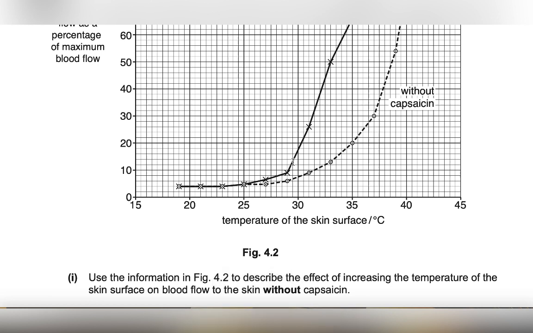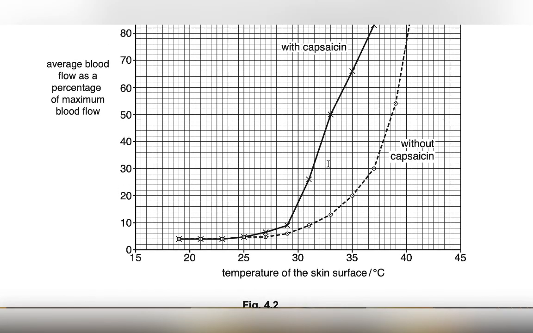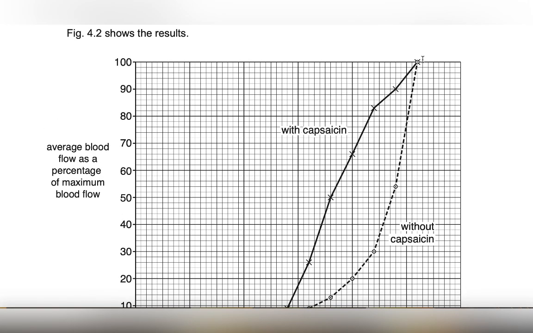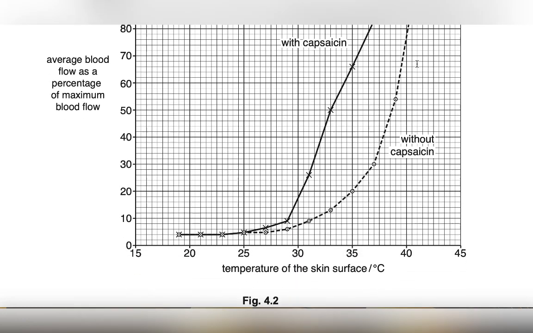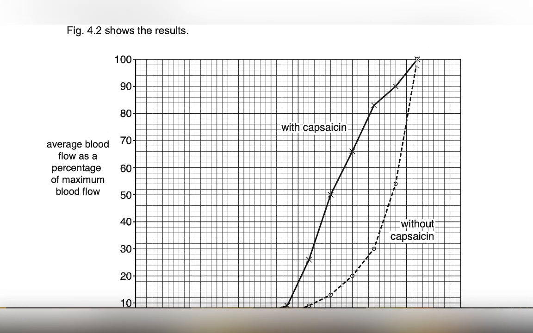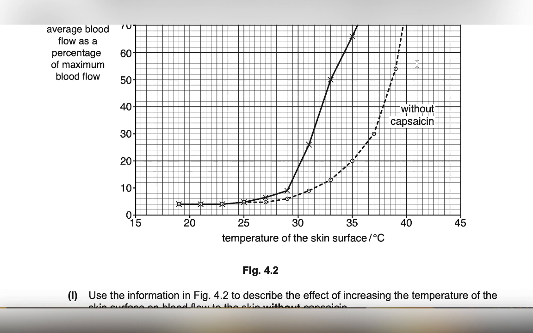Then it will be maximum at what value and what temperature? You measure the minimum when it was constant, when it started to increase, and then what value is the maximum. The value of the flow rate is maximum at 100, and the temperature at that point is around 40 something, 41.